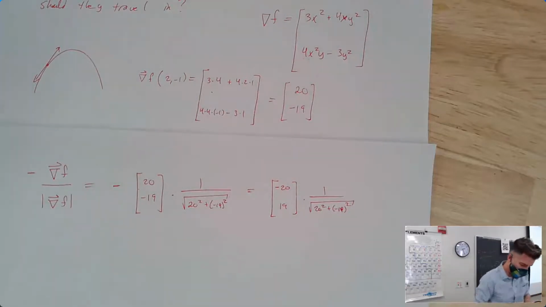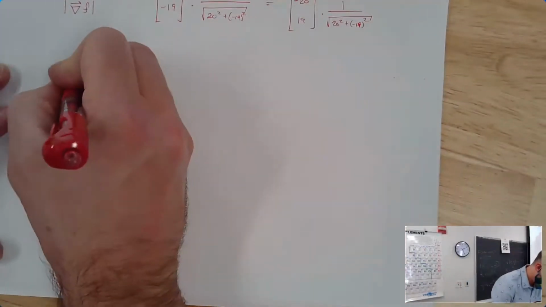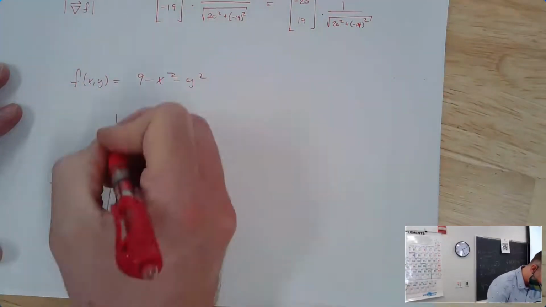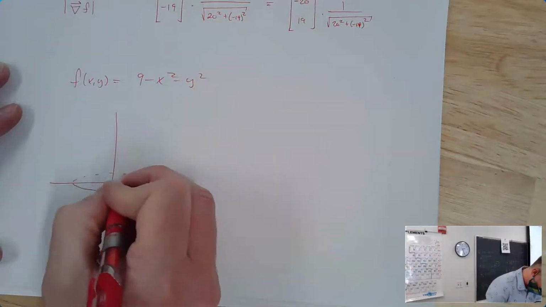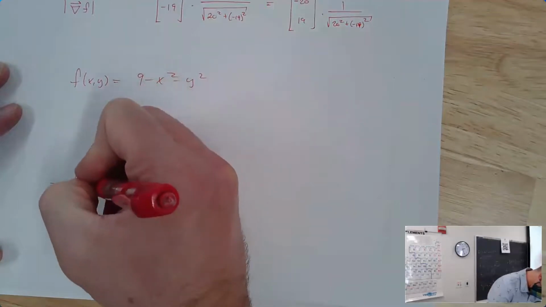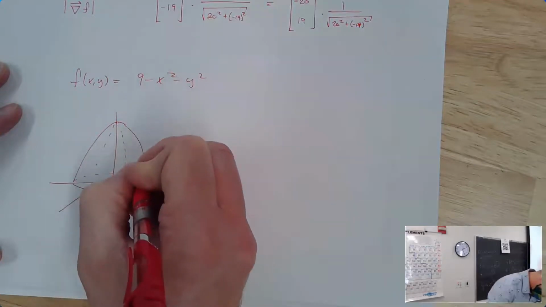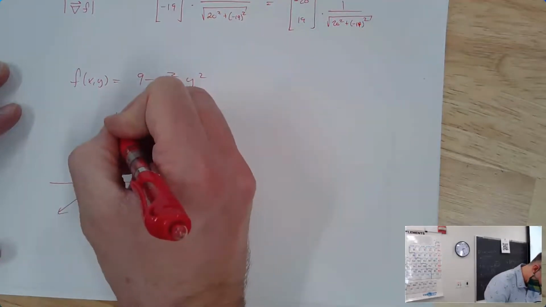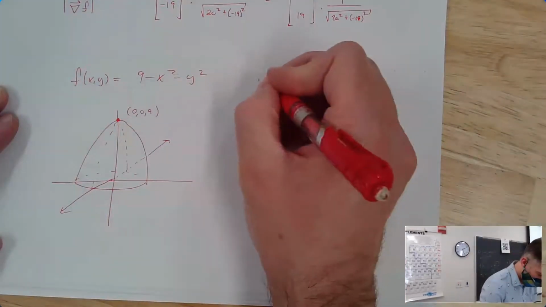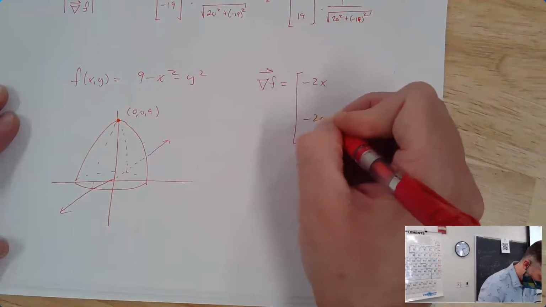For example, my favorite example, our mountain, which looks like this. So my gradient is negative 2x, negative 2y.